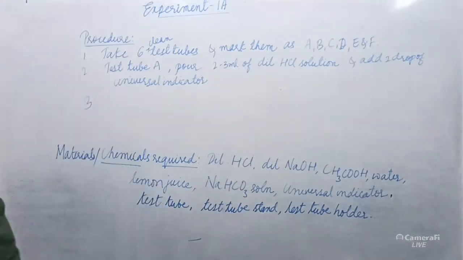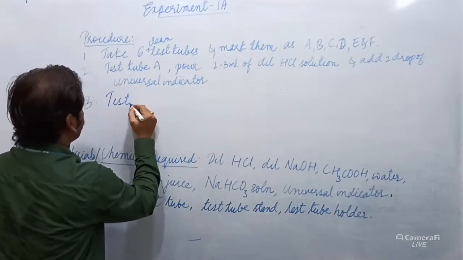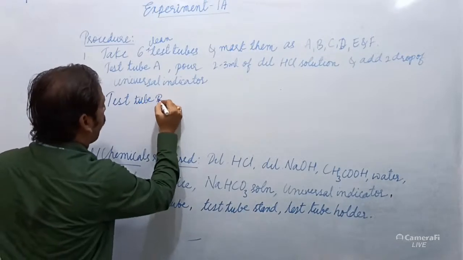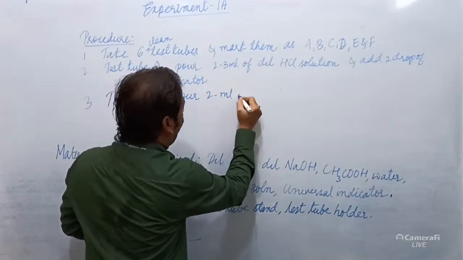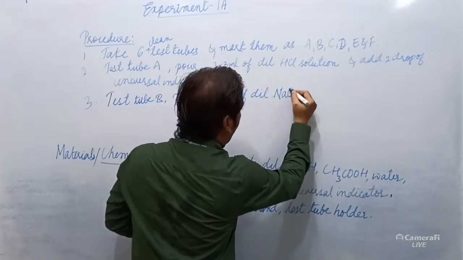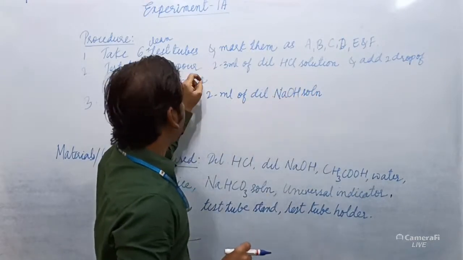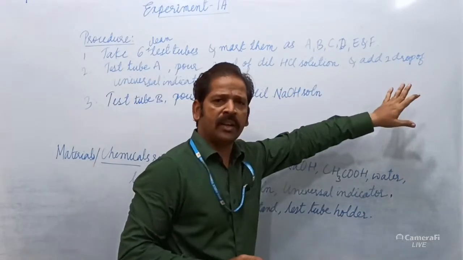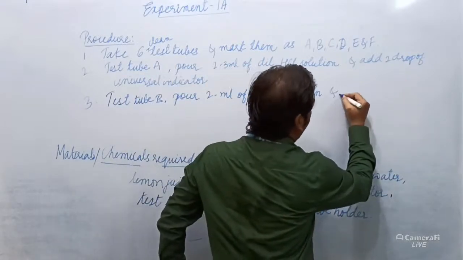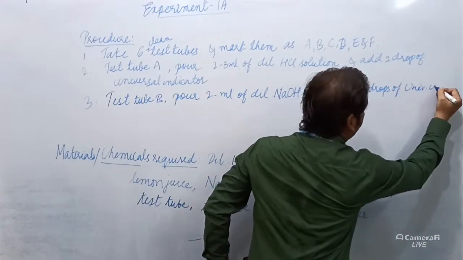Third point now. Next, take test tube B. Test tube A has the dilute HCl solution, test tube B a new solution, test tube C acetic acid, and add 2 drops of universal indicator.